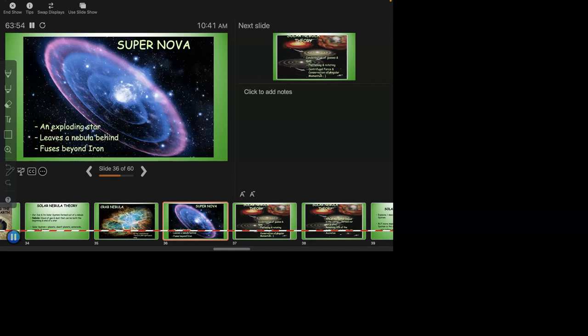But it's like Legos. You don't jump straight to some element that's way towards the end of the periodic table. It slowly but surely fuses, and then the next time it explodes, you're fusing more and more complex elements. And each time it explodes, it makes these nebula. The nebula contract, form a star with a solar system. It lives out its lifespan, and it explodes again.